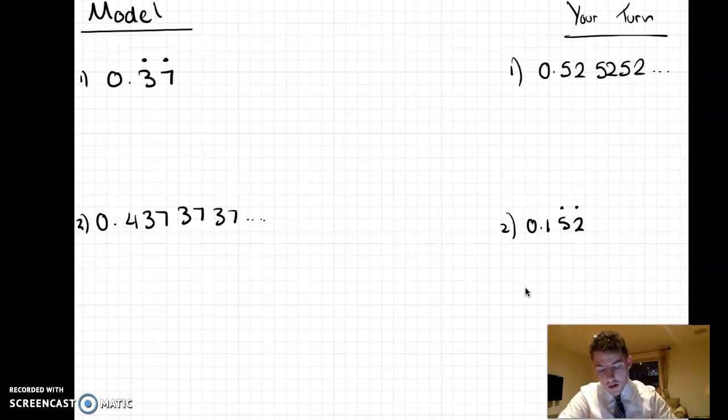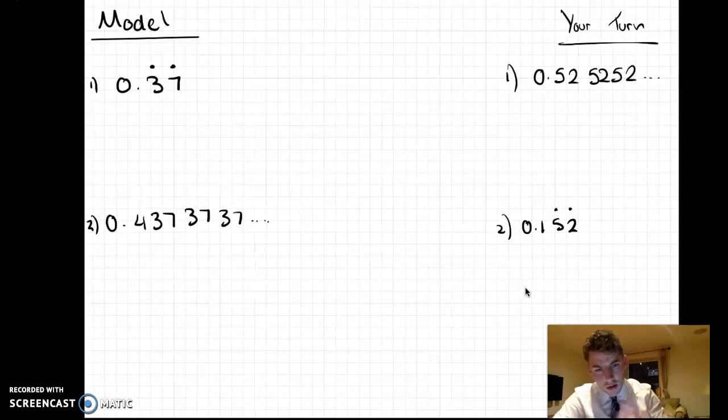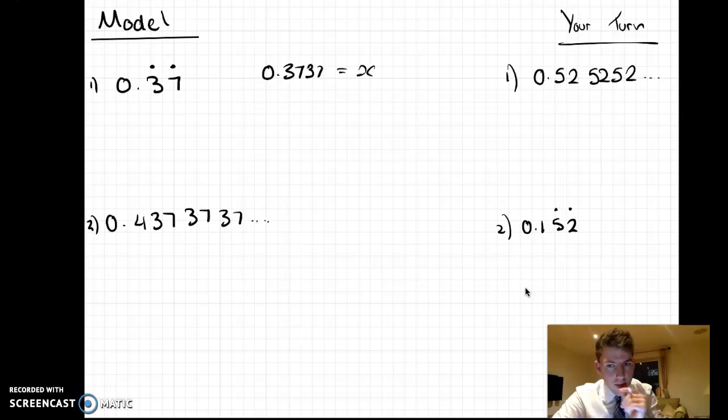Here's a few more models. I'm just going to talk you through these now, nice and quick. Let that equal x. Now we've got 2 digits repeating here, so I'm going to times it by 100. 37.37.